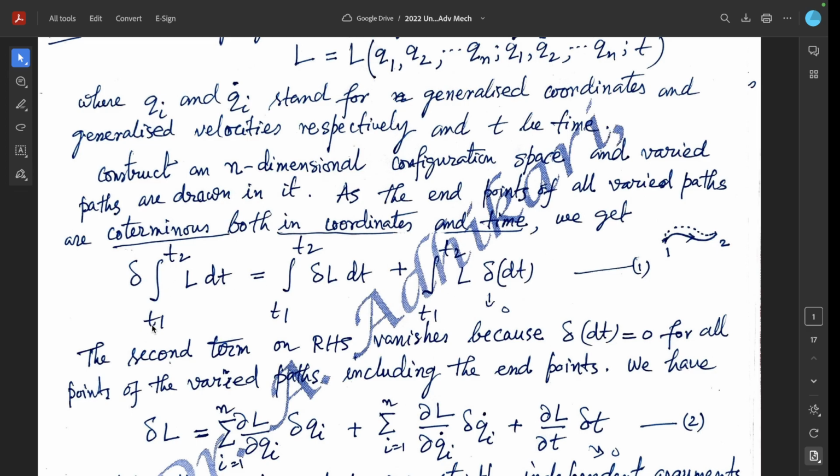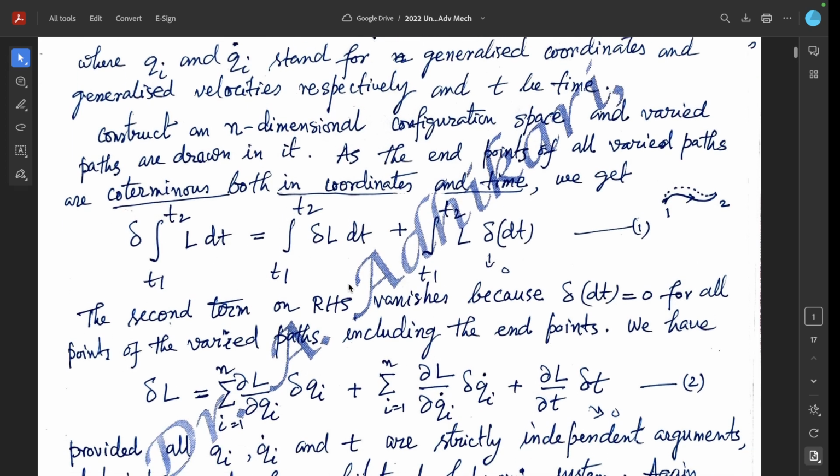So delta of the integration from t1 to t2 of L dt equals the integration from t1 to t2 of delta L dt plus the integration of L delta dt. Actually, this delta dt is equal to 0 because there is no variation in time at any point of the varied path, including the endpoints. So we get delta I equal to the integration of delta L dt.